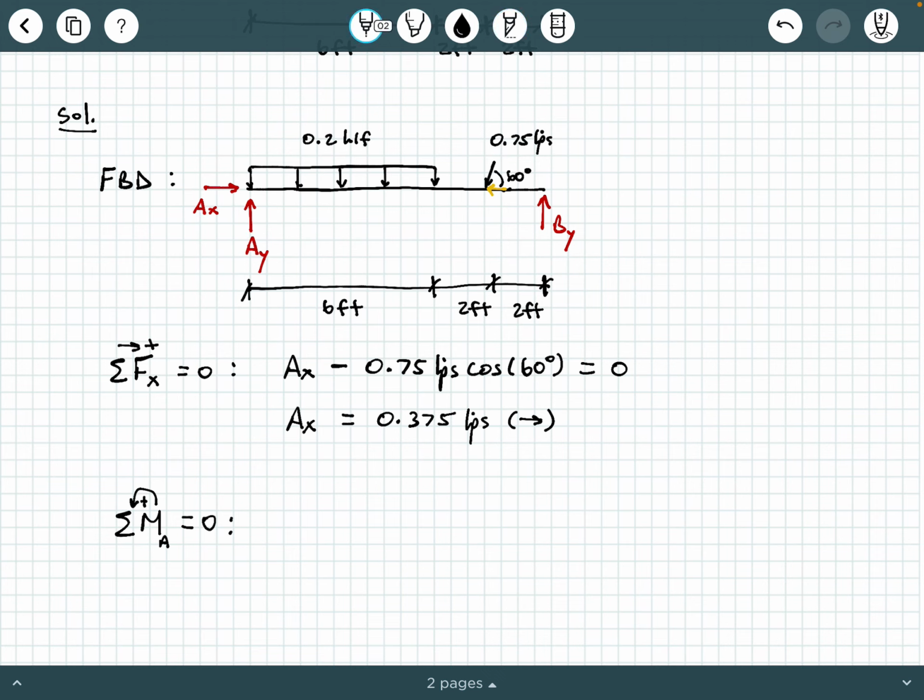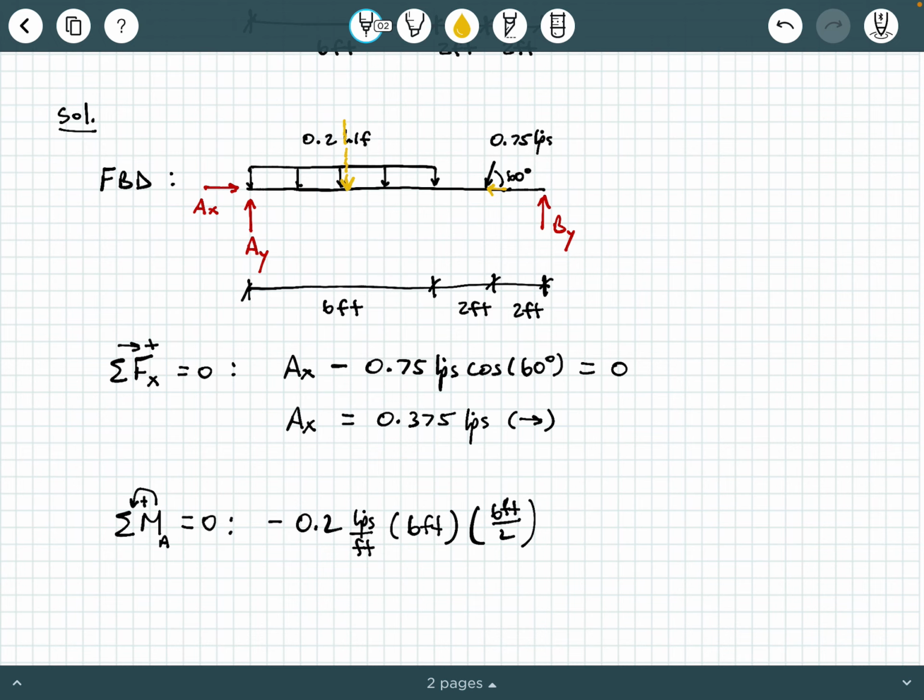All right, it's going to try to spin around point A in a clockwise fashion. So we're going to say minus 0.2 kips per foot times 6 feet times 6 feet over 2. Now, where did that come from? Well, the 0.2 kips per foot times the first 6 feet, if you remember from statics, gives us our equivalent point load right here.